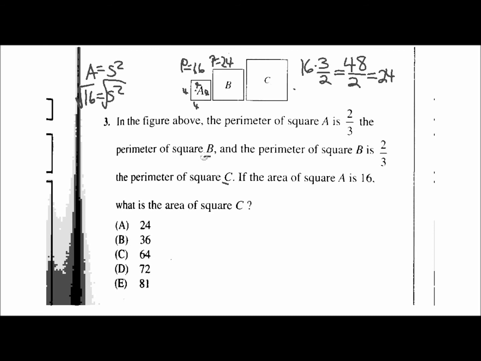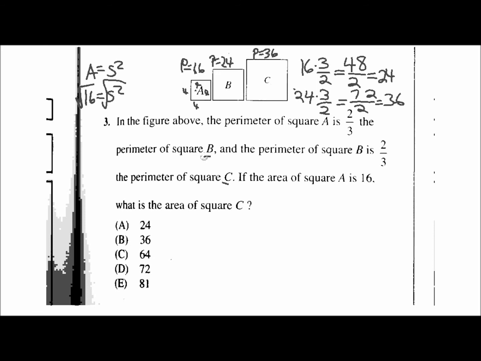And then C, again, it's going to be 3/2 times this 24. So we take 24 times 3/2, and 3 times 4 is 12, carry 1, 72 divided by 2, and that's going to be 36. So we know this one is going to be P equals 36.